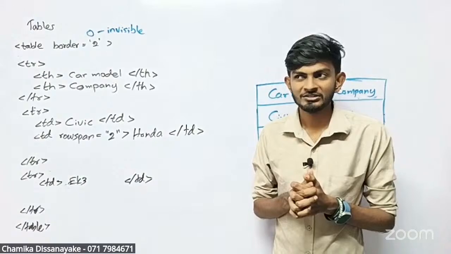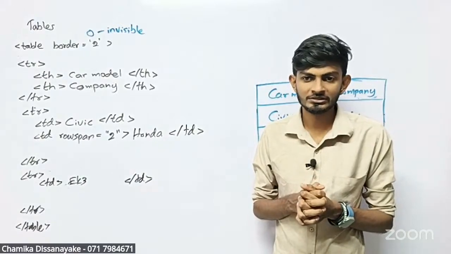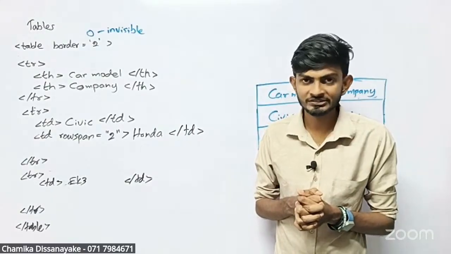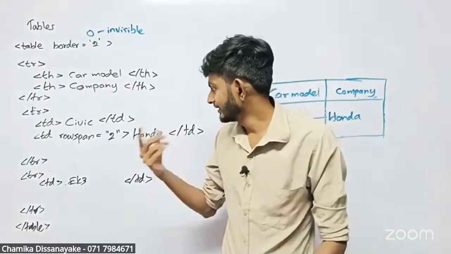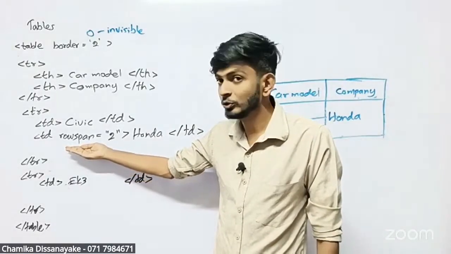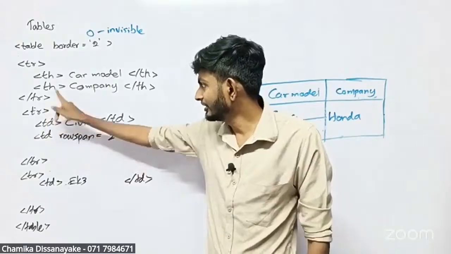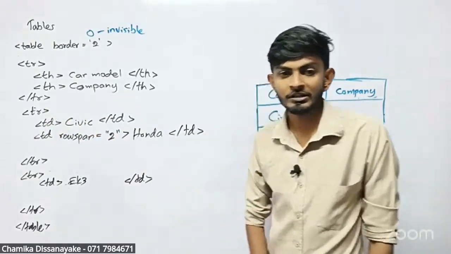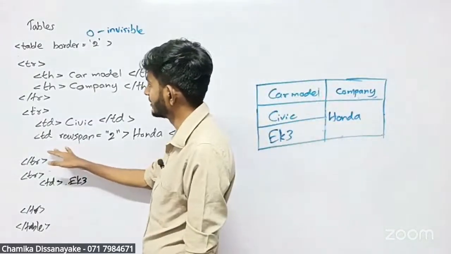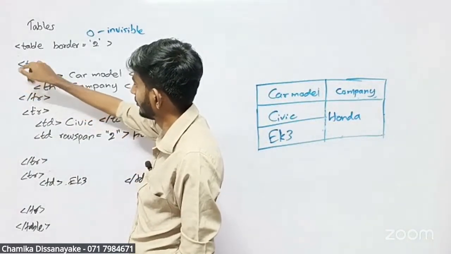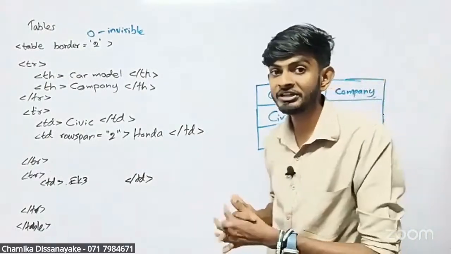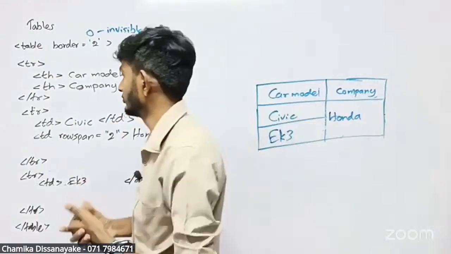There can be several questions regarding this. And the other thing: rowspan or colspan can be used only for TD or TH. That is an important point. We cannot use rowspan on TR or tables. We can only use it for TH or TD. It is good to write that down.